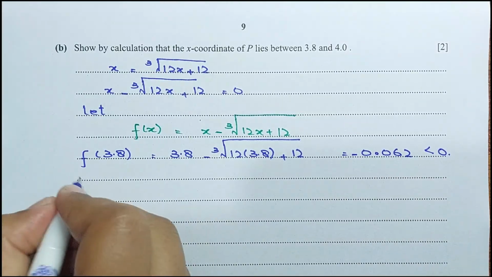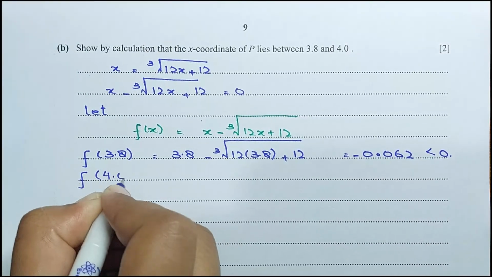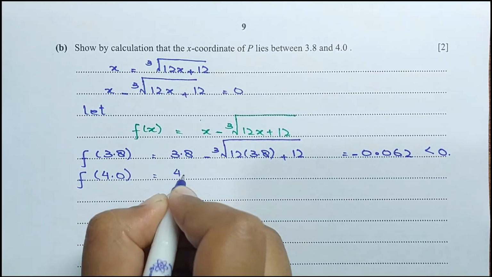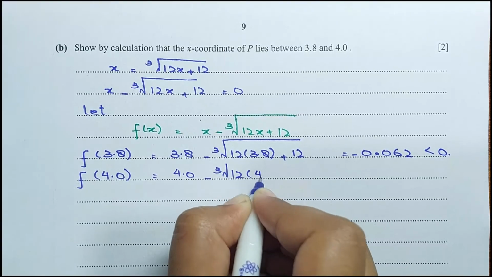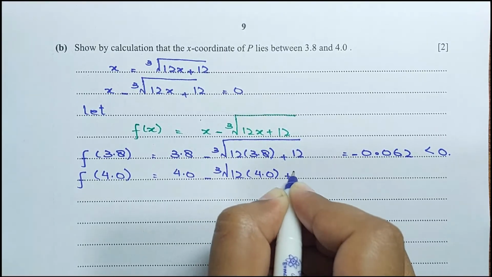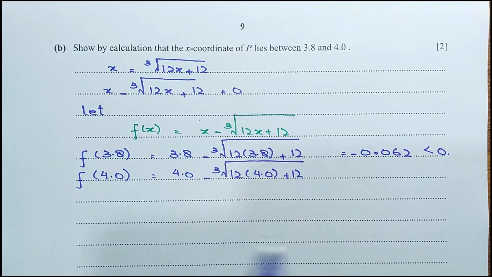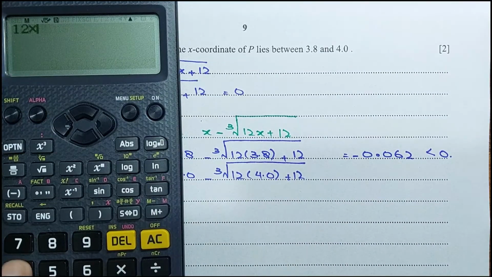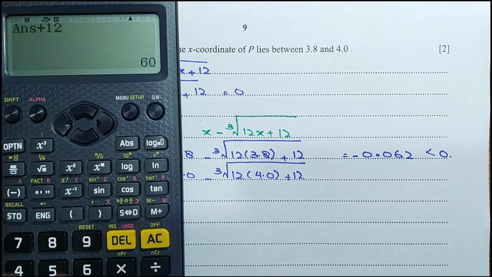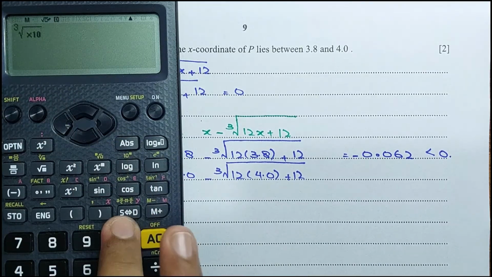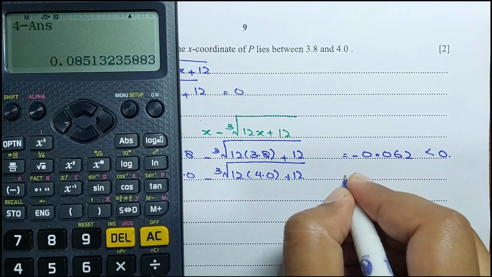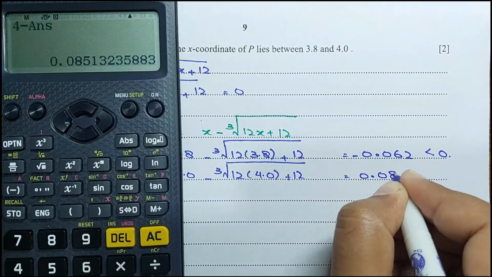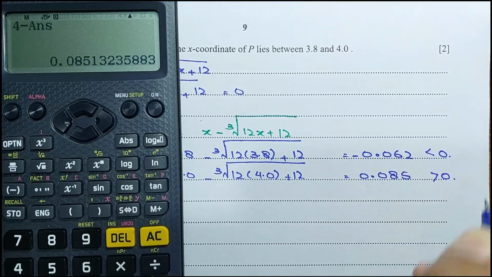Now what is f of 4.0? f of 4.0 is 4.0 minus the cube root of 12 times 4.0 plus 12. Cube root of the answer, and 4 subtract the answer, is 0.085. This is more than 0.